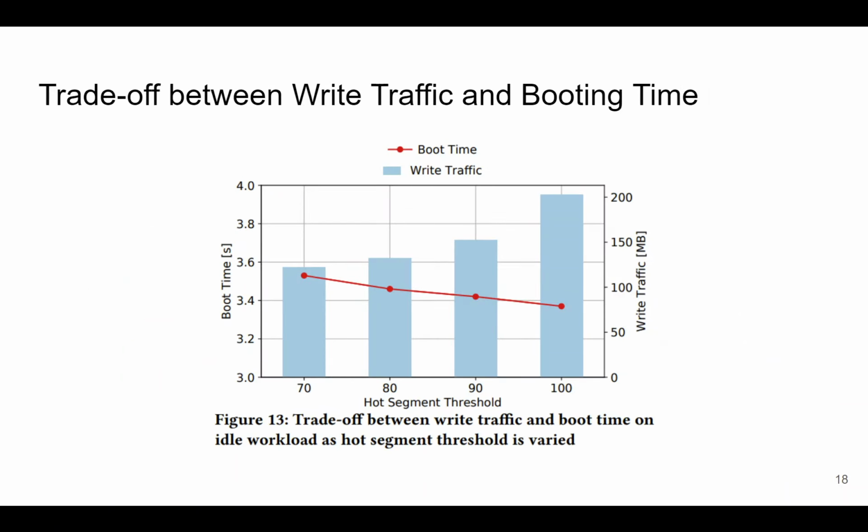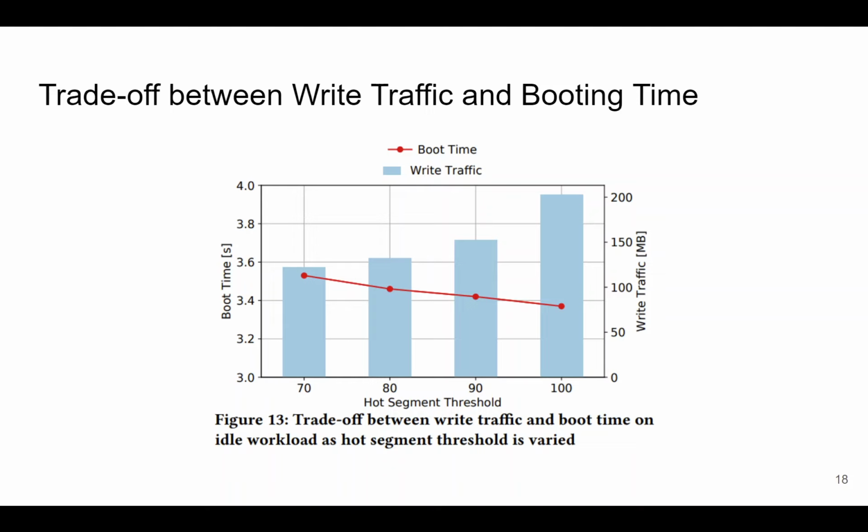This chart shows the correlation between hot segment threshold and write traffic. Figure 13 shows how write traffic and boot time change on idle workload as the hot segment threshold is varied. We see that as the hot segment threshold increases, write traffic also increases because more cold data segments are likely to be reclaimed. On the other hand, boot time decreases as fragmentation is improved.